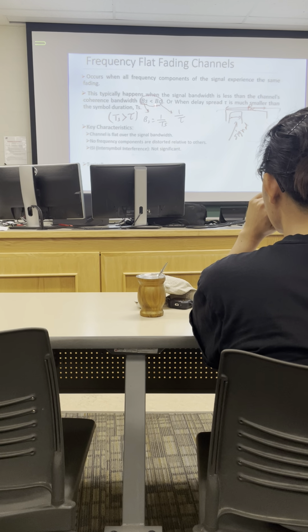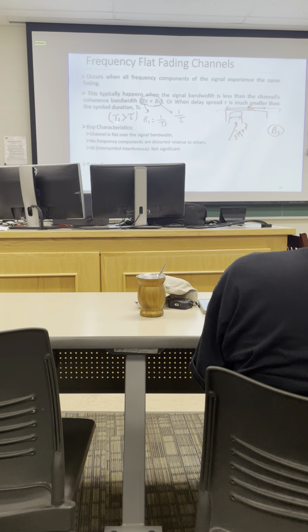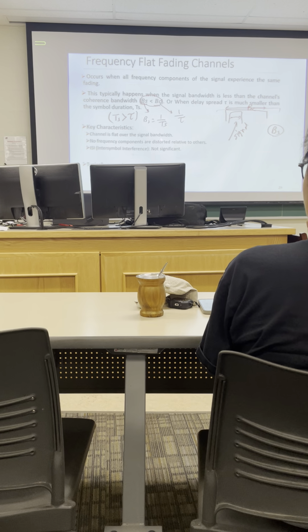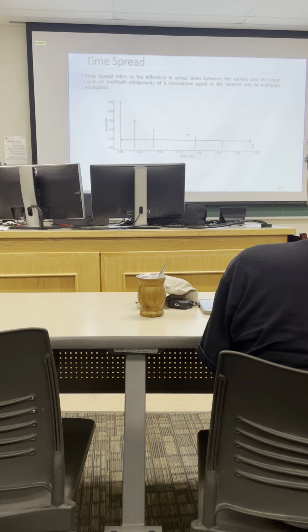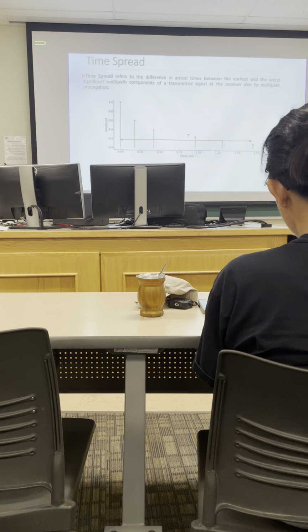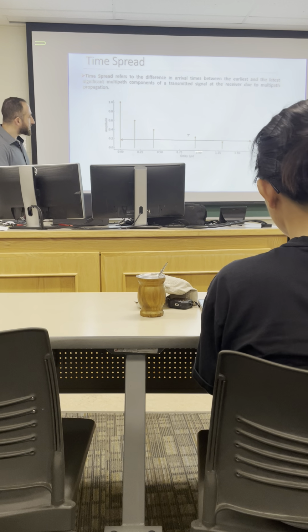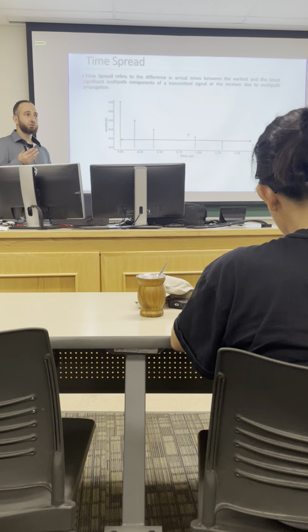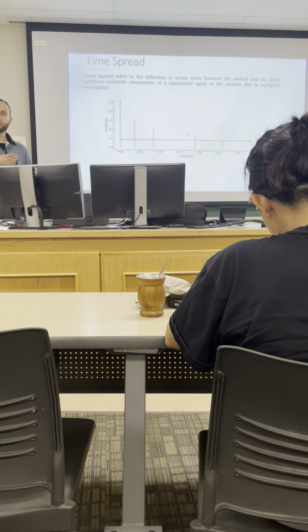Anyhow, this is the main definition: BS smaller than BC, and if you convert it to TS greater than tau, this is also good from the perspective of time. This means that the symbol duration is greater than the time spread. Remember what we said at the beginning of this module. When you experience this tau, I told you that you need to send the next symbol after this tau.